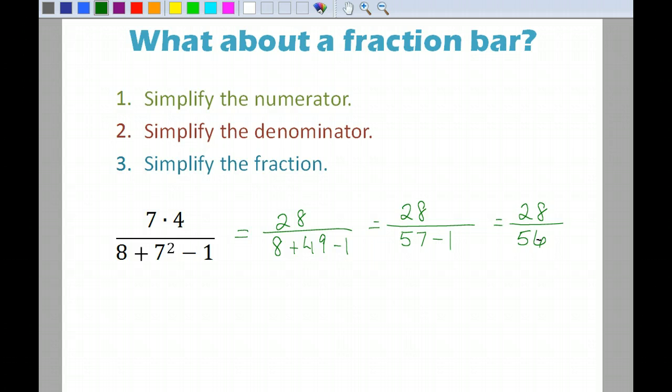Now I'm going to simplify this fraction. So that means I'm going to find the largest number that will go into both my numerator and the denominator. And in this case, it simplifies very nicely because 28 will go into 28 one time. 28 will go into 56 two times. So my solution is 1/2. Always simplify your fractions. And that's all we have for today.